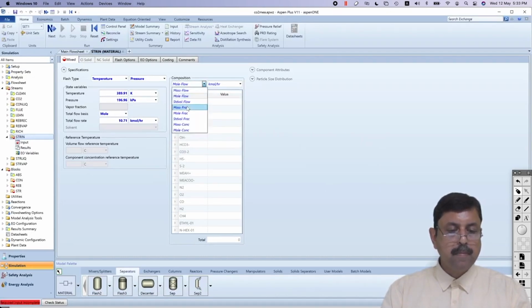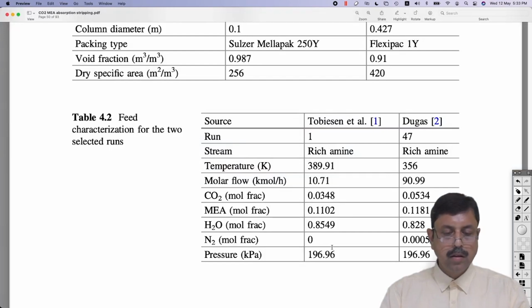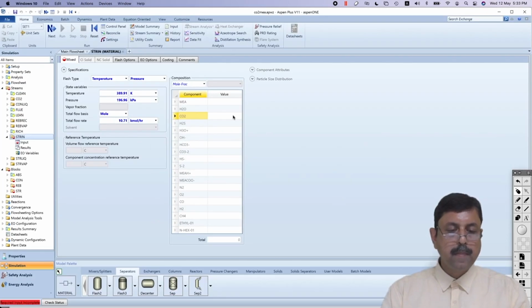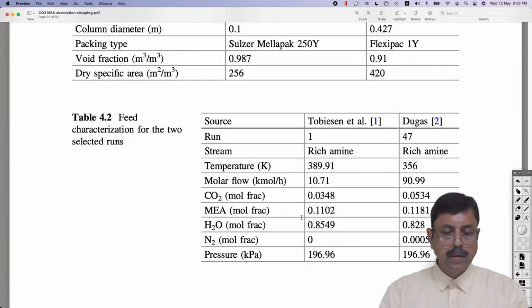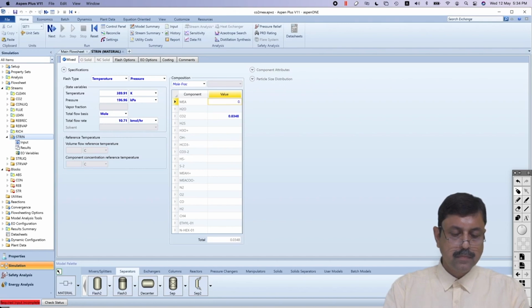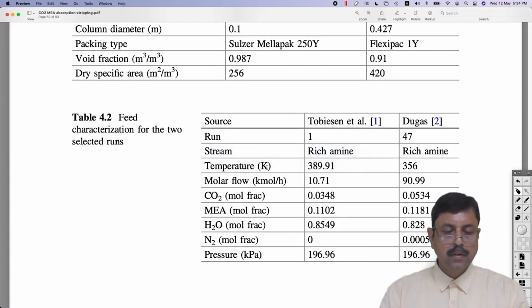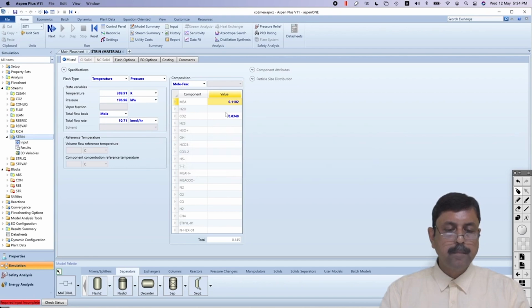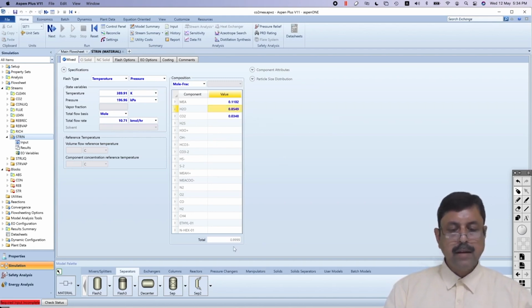Mole fraction, 0.0348 CO2, MEA 0.1102, and water 0.8549. So total it is coming 0.9999.